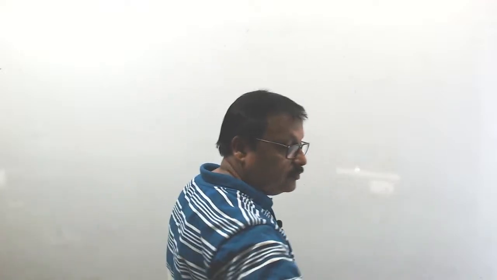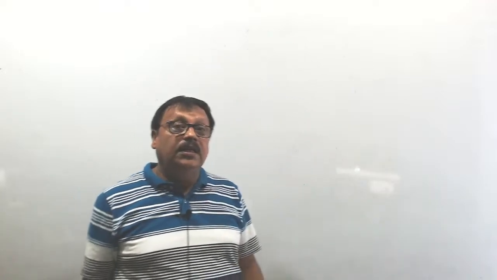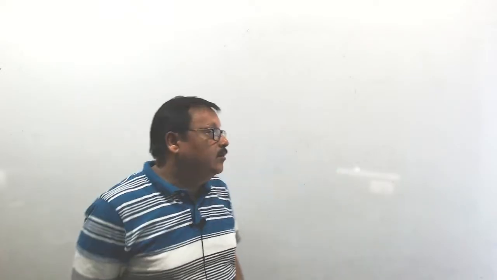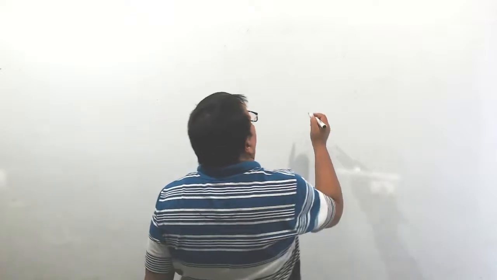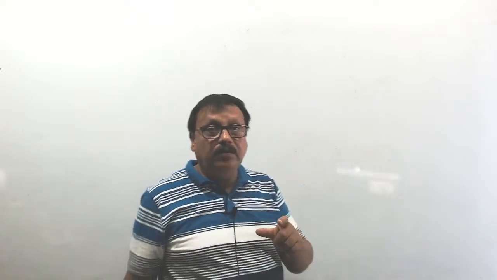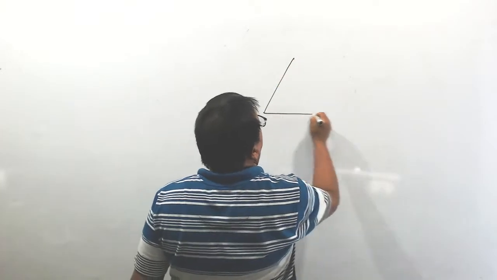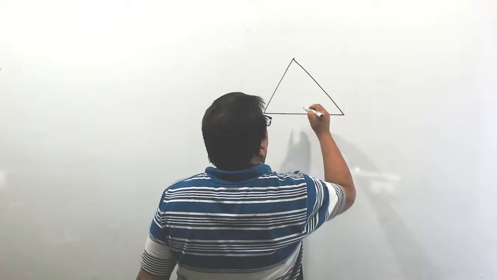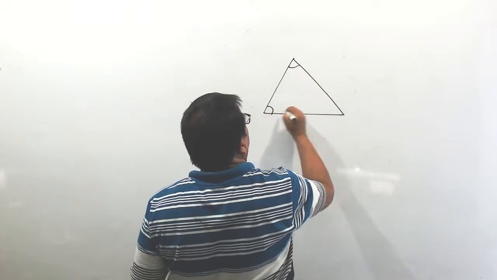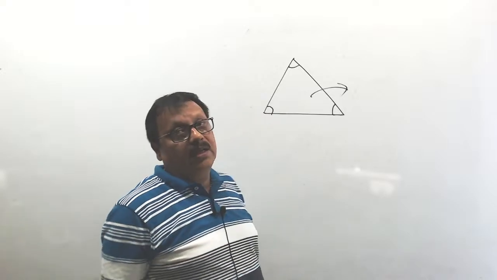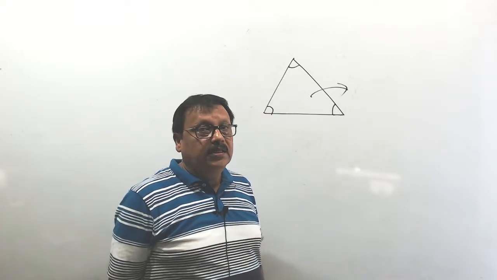Right? Now, regarding angle, one is the acute angle triangle. Which one is called acute? Acute angle means the value of the angle is greater than 0 degree and less than 90 degree. Now, if in a triangle all angles are acute, this angle acute, this angle acute, this angle acute, then this triangle is called an acute angle triangle, right?